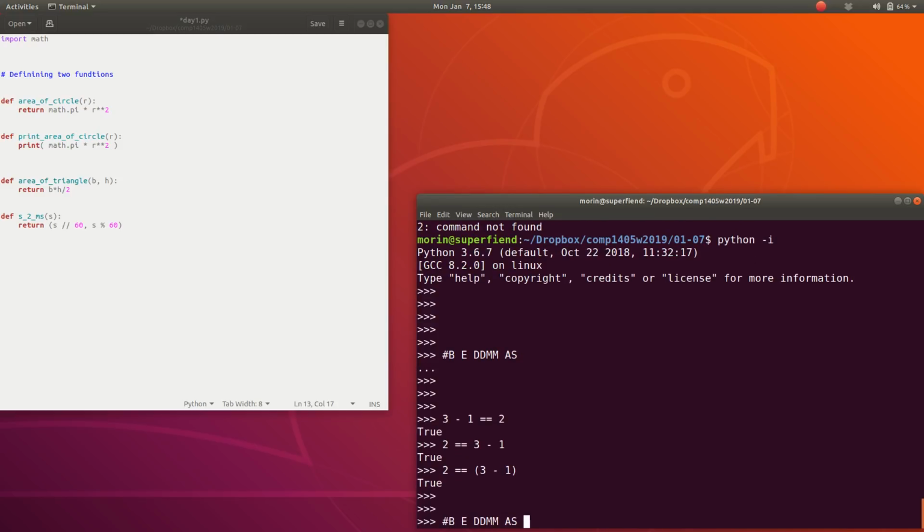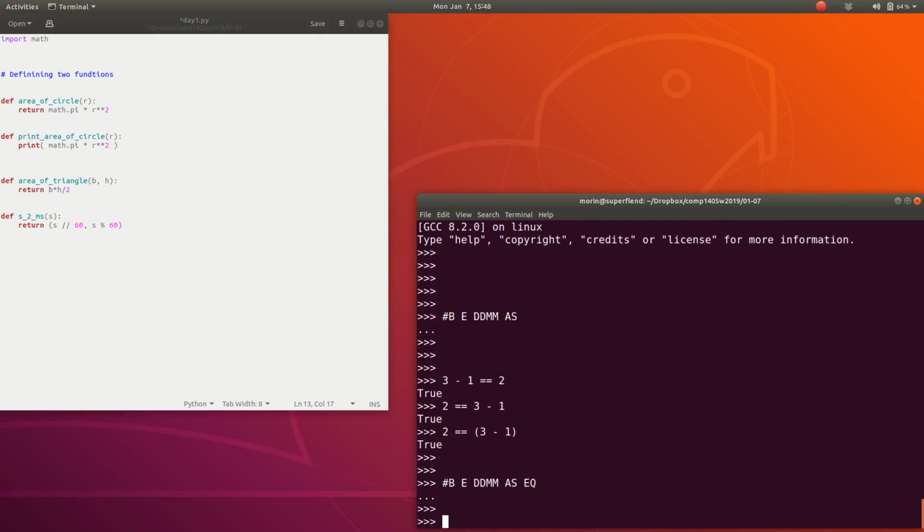Okay, so at the end of this, there's even another one. The lowest level of operators are these equality or comparison operators, and there's a whole bunch of these comparison operators. That include things like, is 2 less than 3?